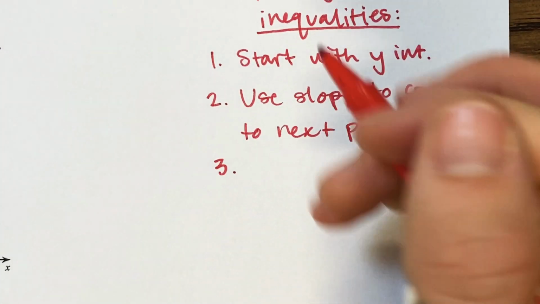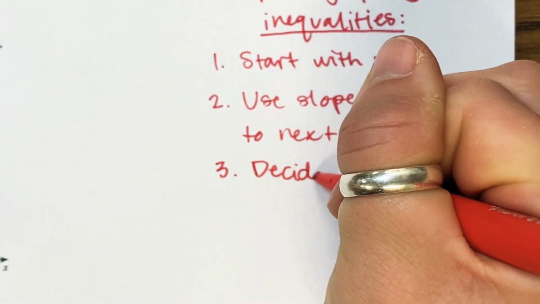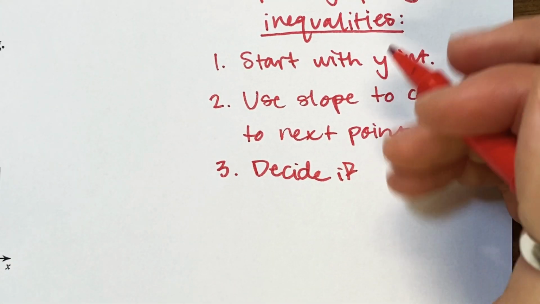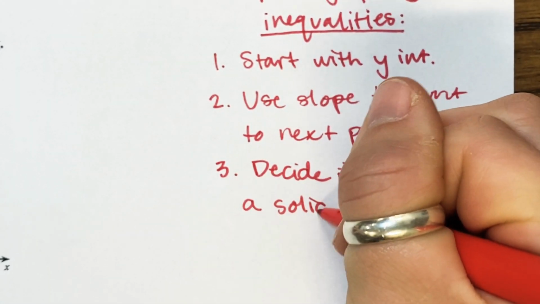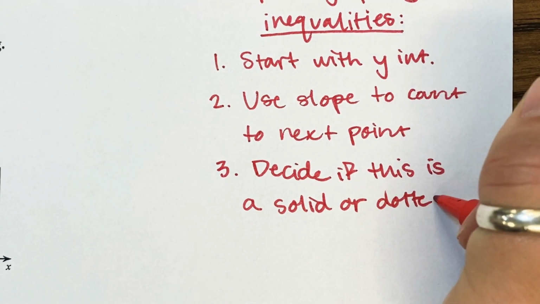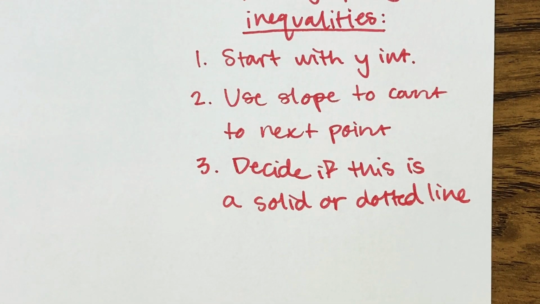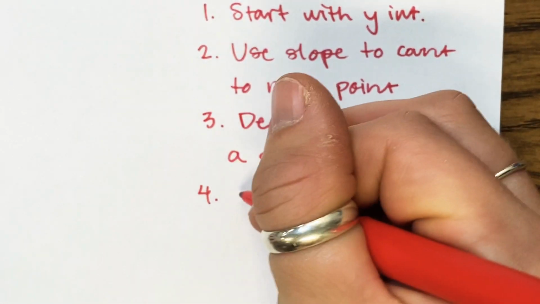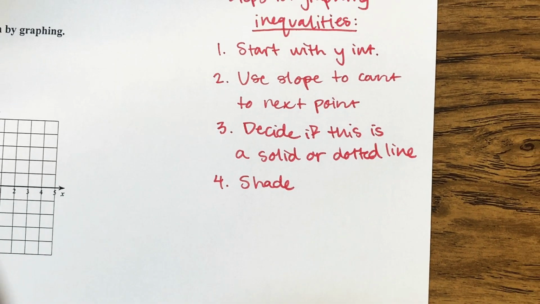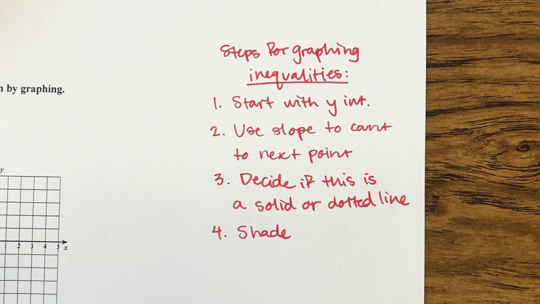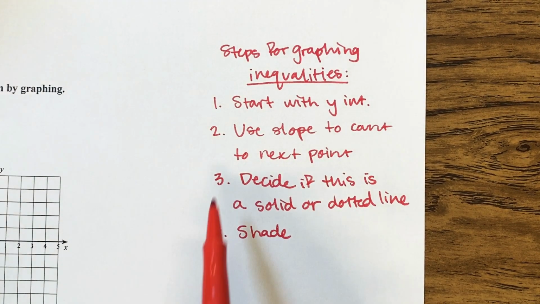Our third step is to decide if this is going to be a solid or a dotted line, based on the inequality sign. And then our very last step is to shade. Those are our steps for graphing inequalities. We have just a couple extra ones when it comes to inequalities rather than equations.